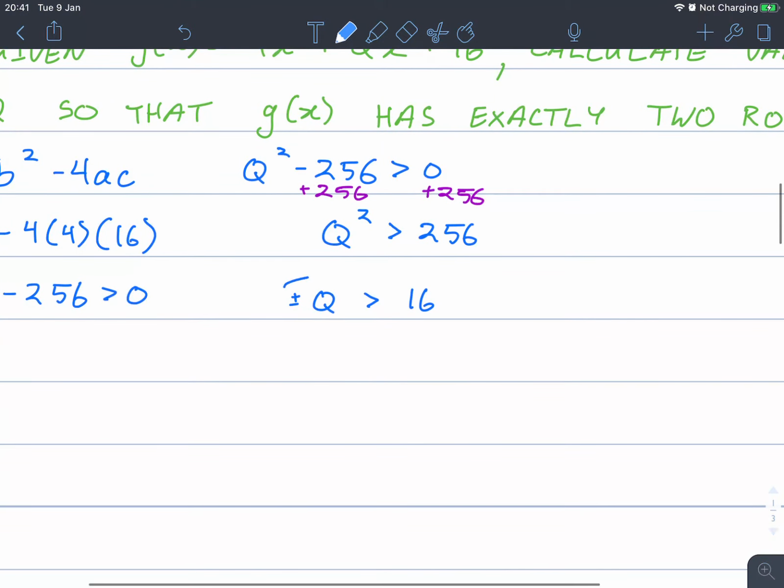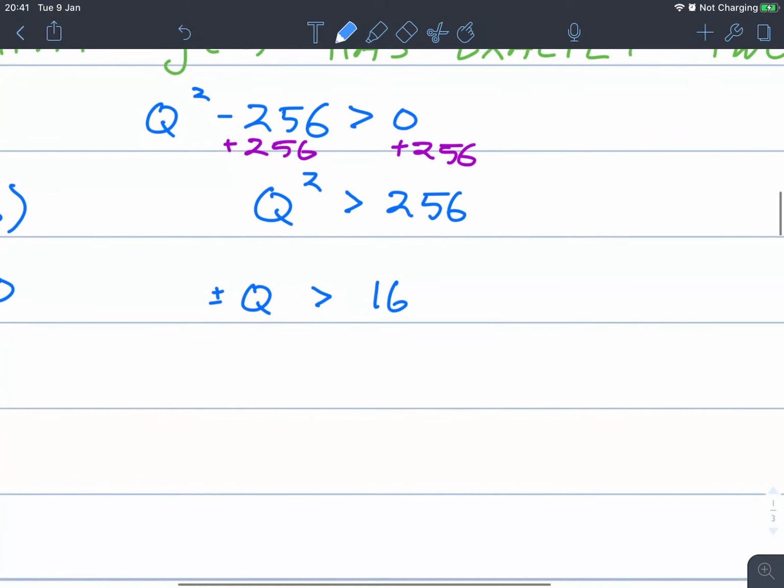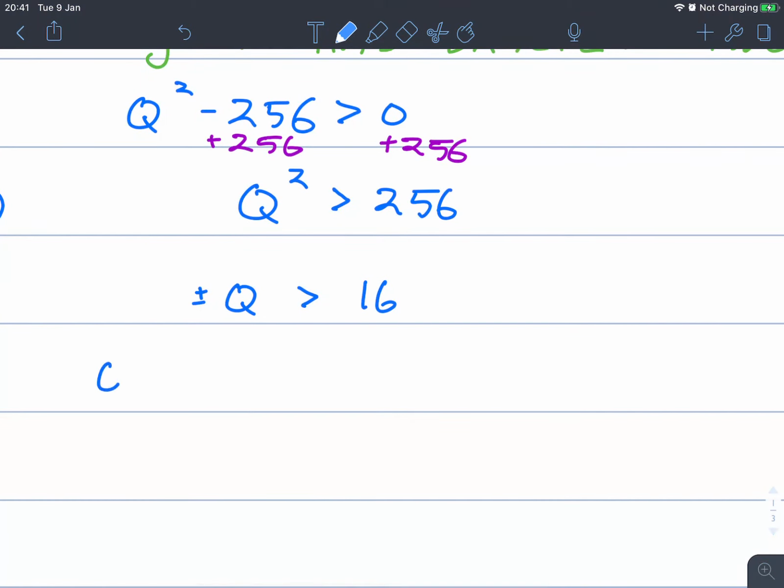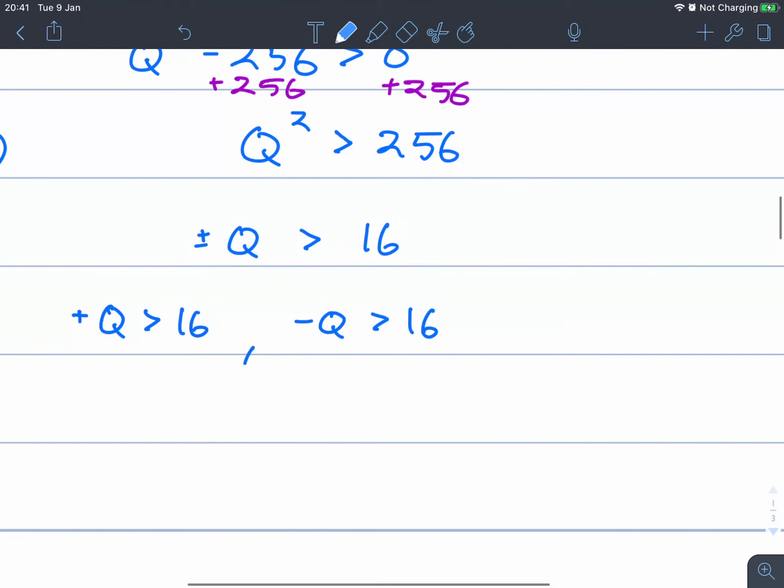But now take note, we have two different values for q, positive and minus. So let's take the positive: q is greater than 16, and the negative: negative q is greater than 16. Or, more specifically, let's divide by negative 1 on both sides: q is less than negative 16.